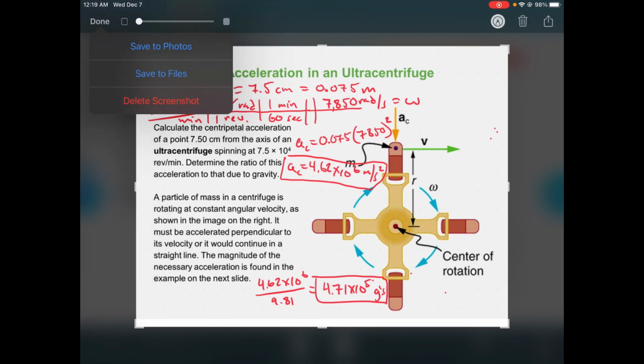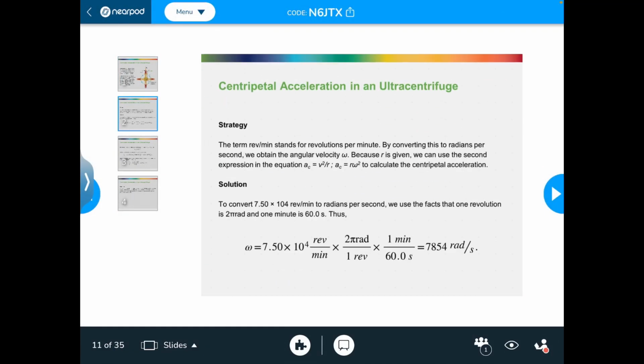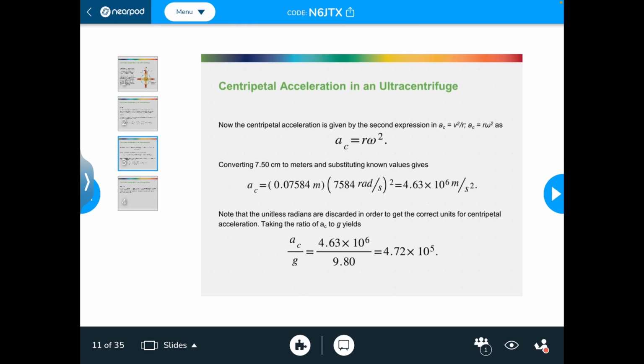So let's see how they did this. So there's our radians per second again, which is what we got. It's off a little bit. I did round pi to 3.14 when I did my calculation. That's probably where that rounding came from. But not too far off for the rest of our work.